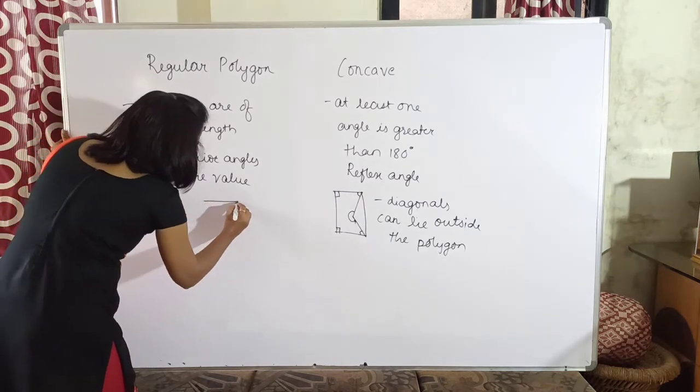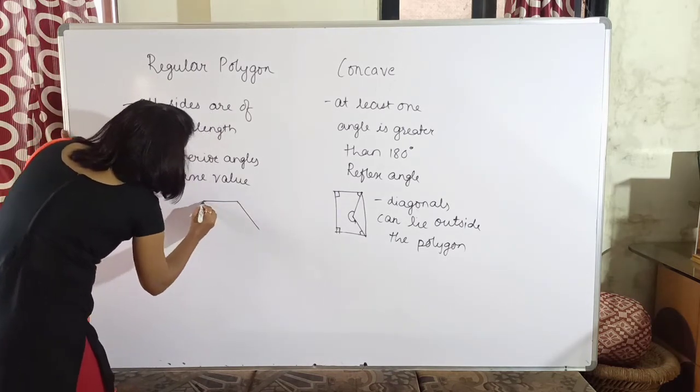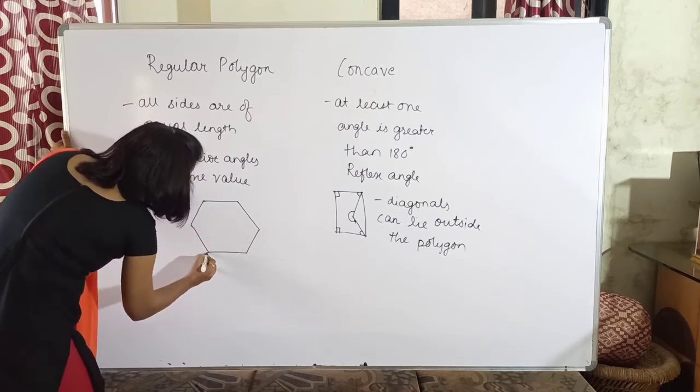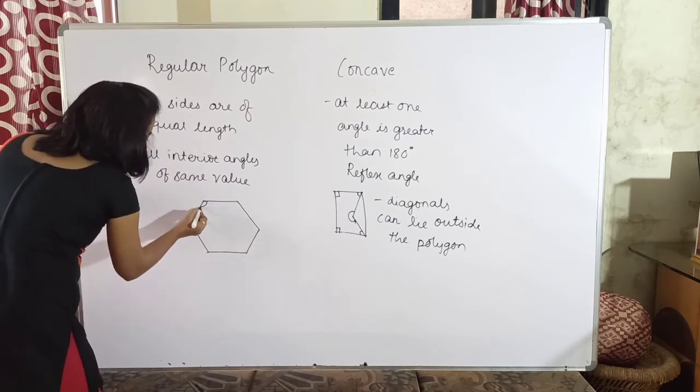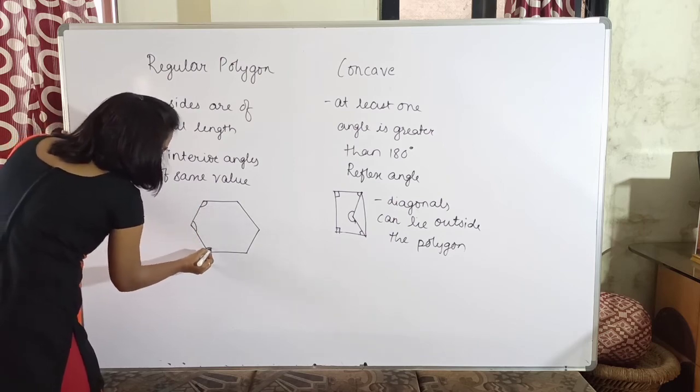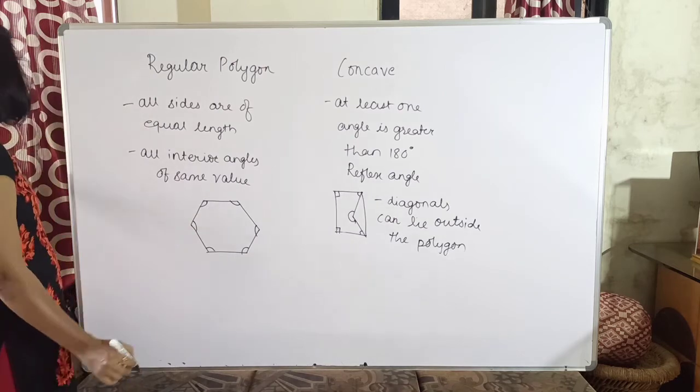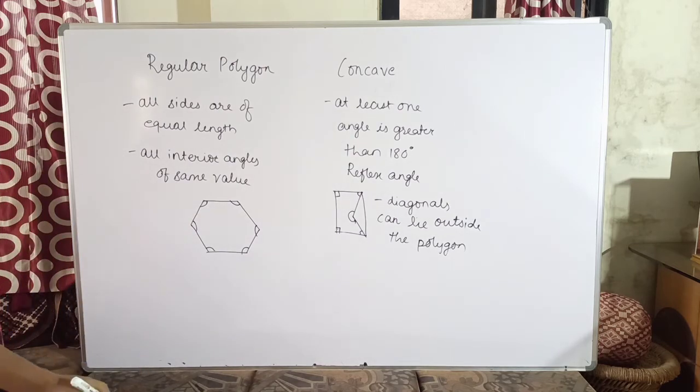If I take a hexagon, drawing all the sides of equal length, with these angles also of equal values, they are called a regular polygon.